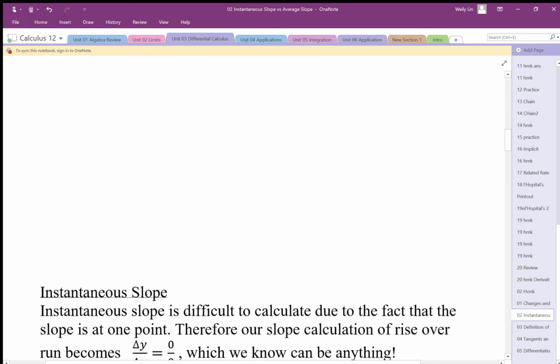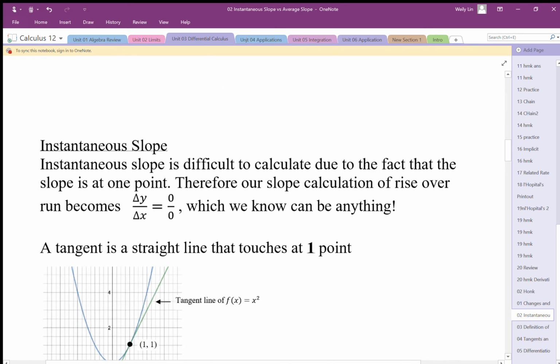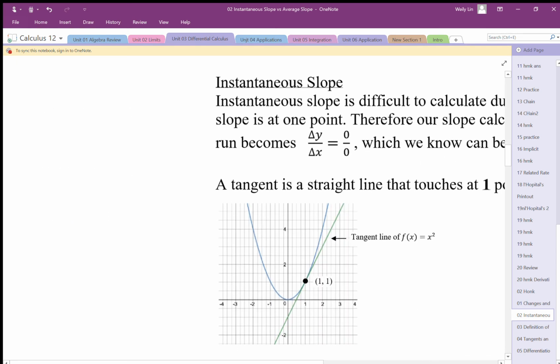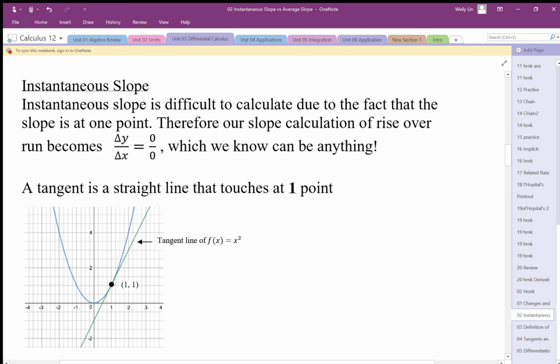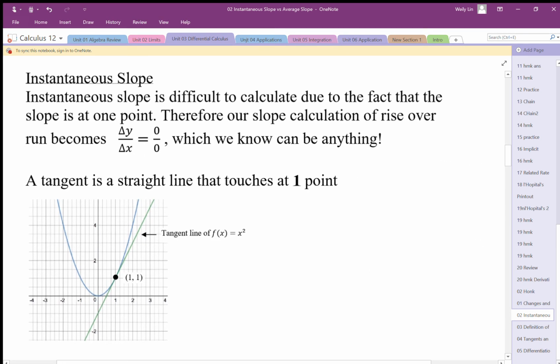Now, we also are interested in instantaneous slope. This can be a bit of a problem because if we look at that tangent line to get the instantaneous slope, there's our point, and we can do our rise over run calculation to get slope, because that's how we define slope, rise over run.